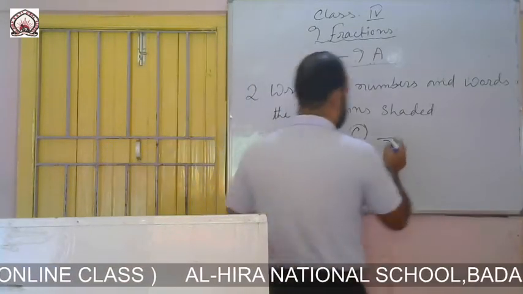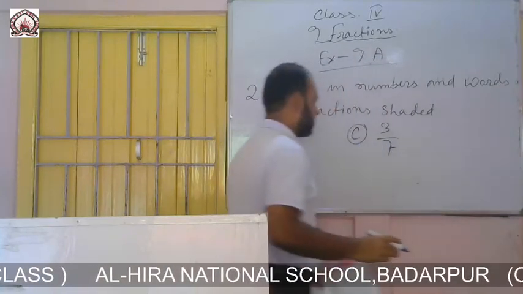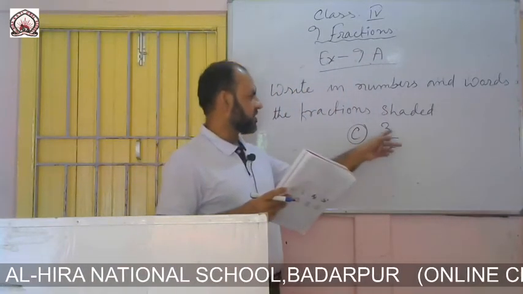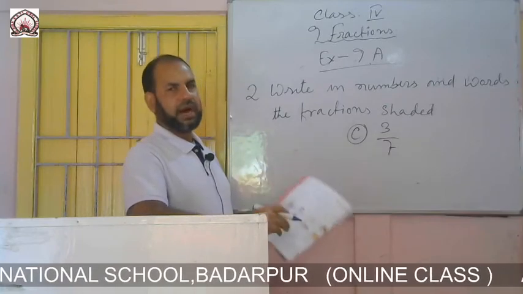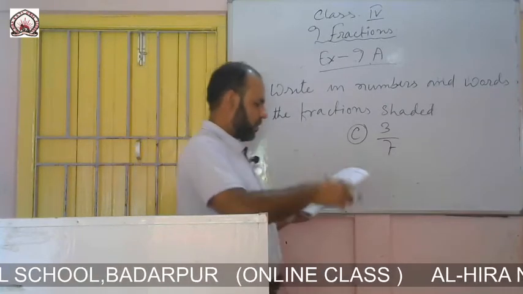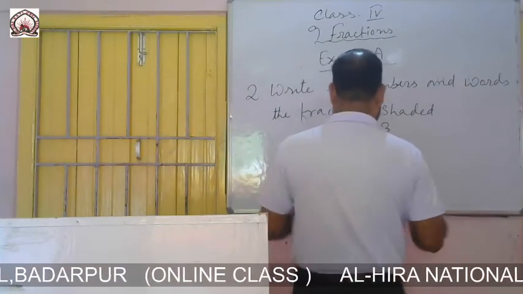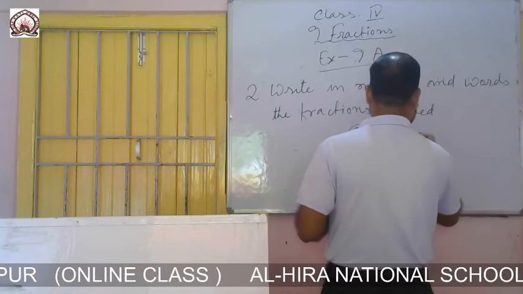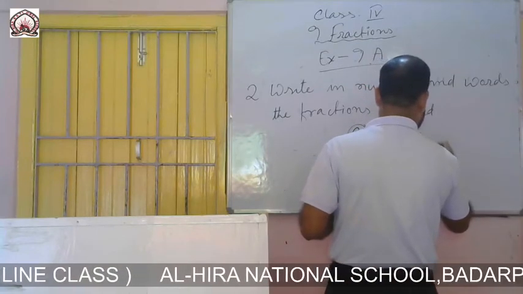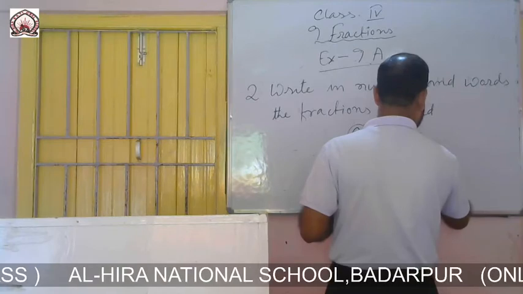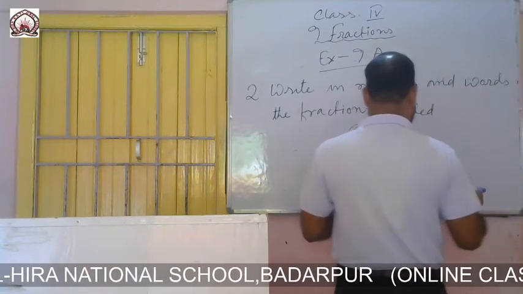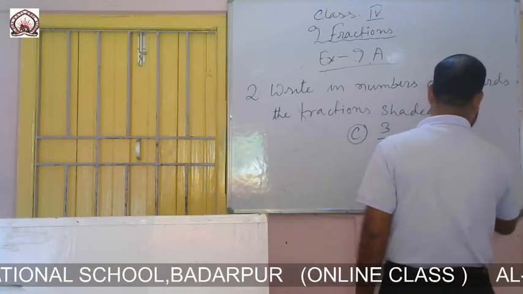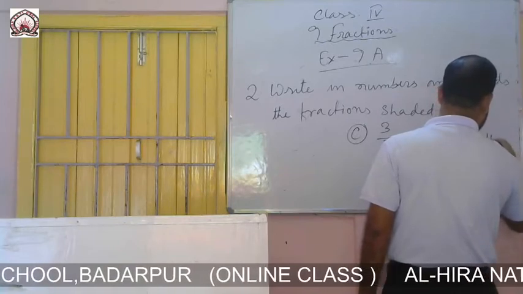That means the fraction is 3 by 7. So in words we write 3/7.